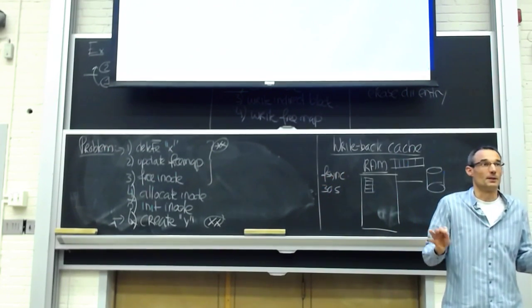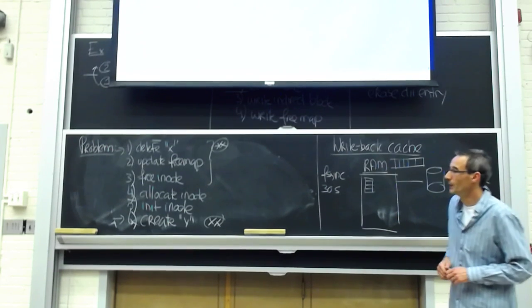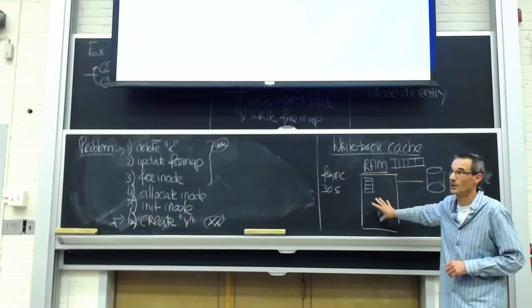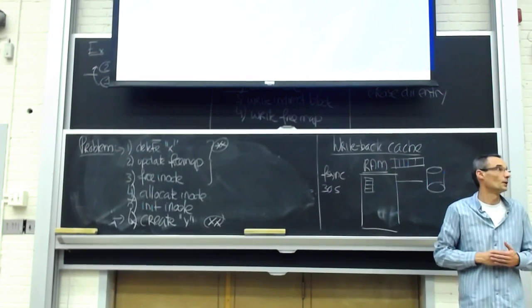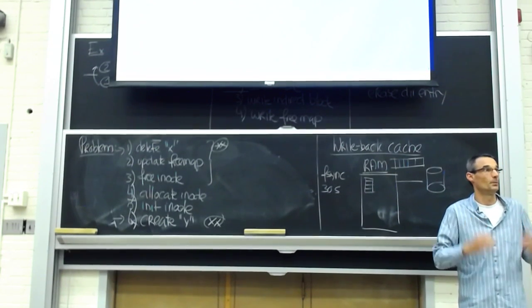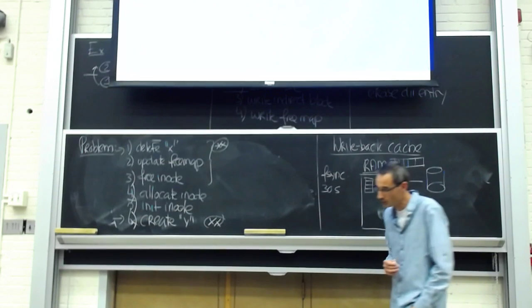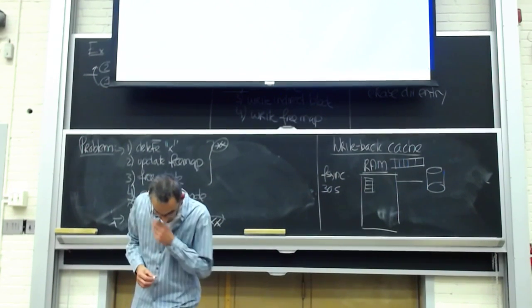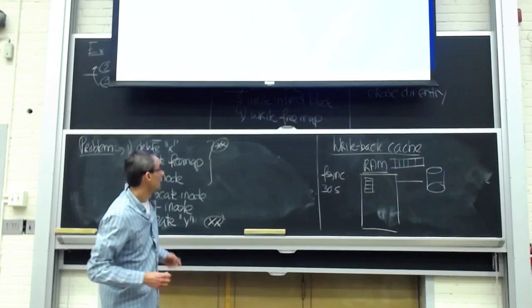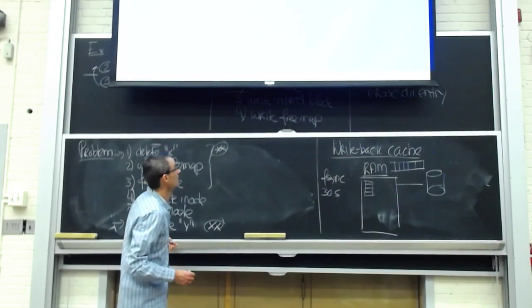And so here's where logging comes in. Clearly, what we want is that when we flush these changes to disk, we do it in a good order, an order that will help us later on to recover. And that is the interesting part of logging. So let me talk about logging.